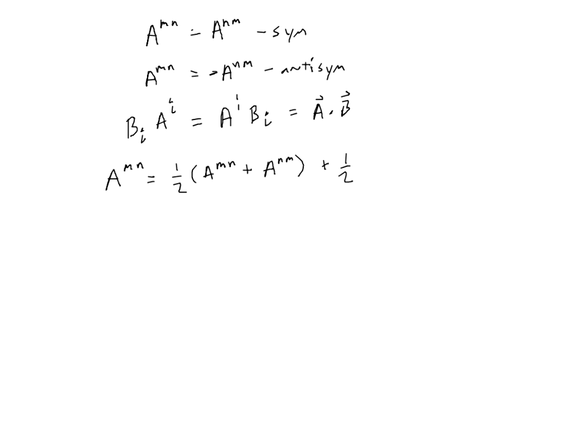And to get the anti-symmetric part, you would actually take your tensor and you'd subtract out the one with the indices flipped. And so this is the anti-symmetric part, and this is the symmetric part. And you can see, do a little simple math, you can see that this just adds up to the same thing.